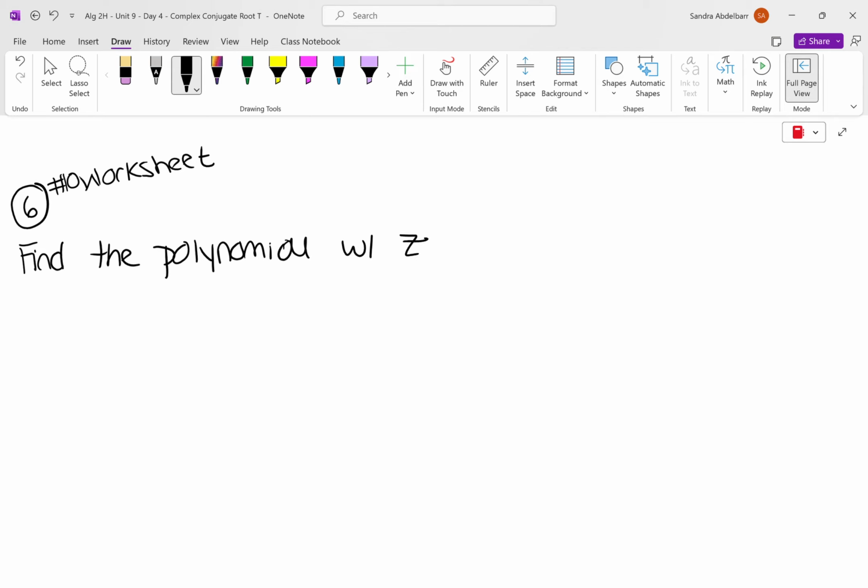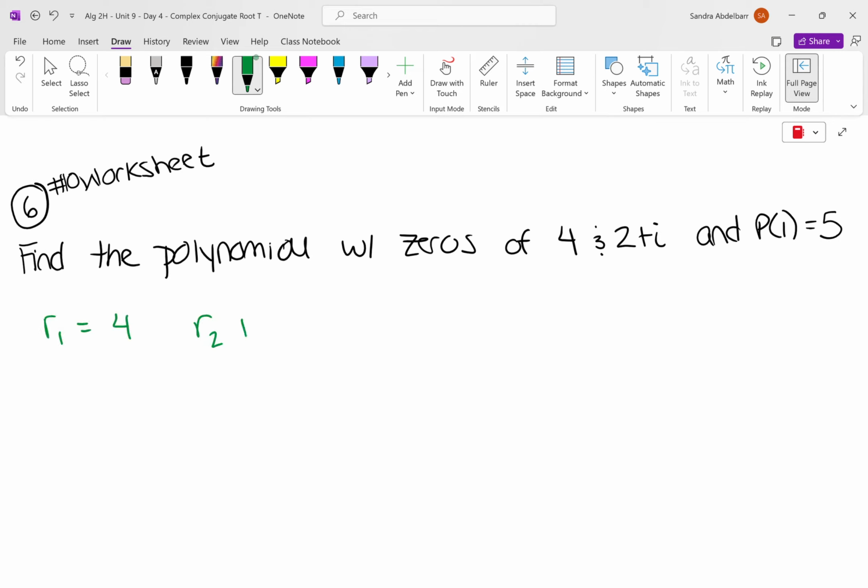Find the polynomial with zeros of 4 and 2 plus i, and p of 1 is equal to 5. Okay, I'm going to ignore the whole p of 1 is equal to 5 right now. Let's just put it on the back burner and focus on the other part of this.